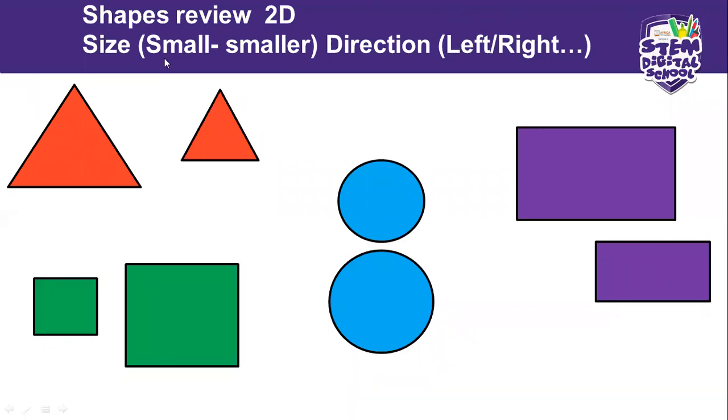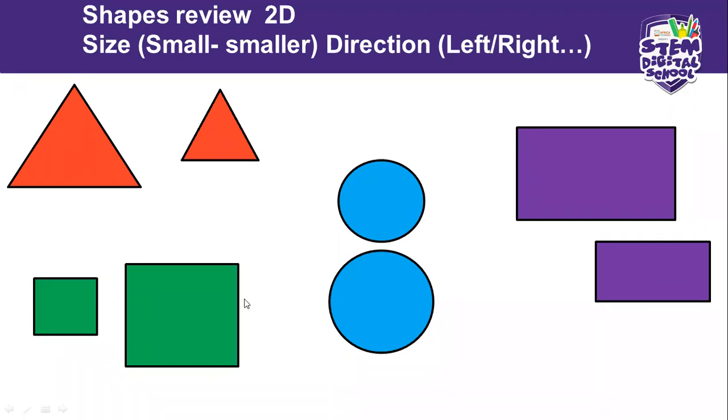Great. Now I want us to look at these 2D shapes, okay? I want you to look at sizes. These 2D shapes, do you think they're the same size? Look at the triangles. There's one there, there's another one. There's a square there.